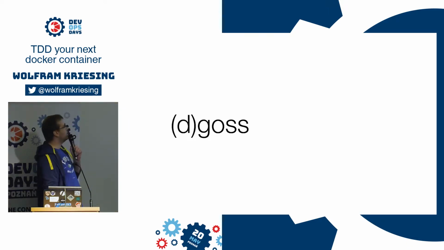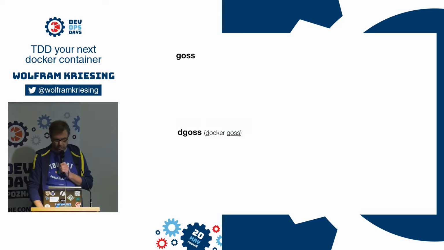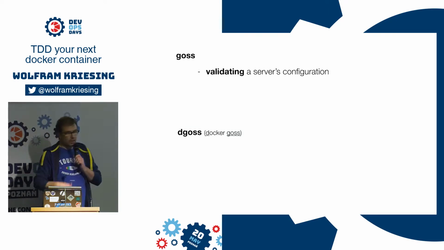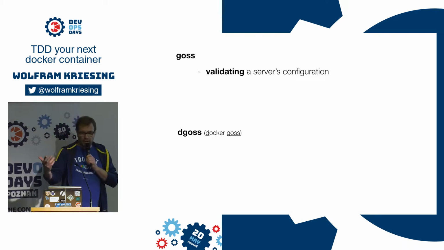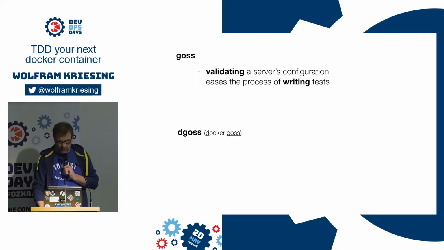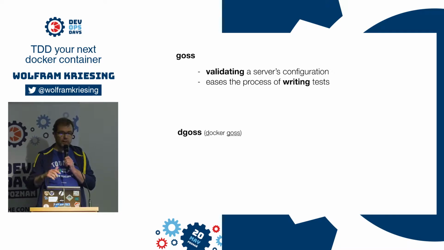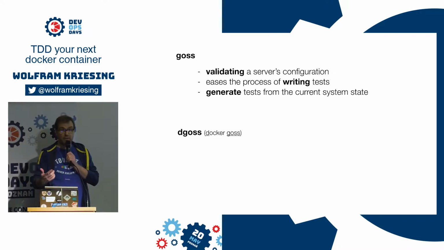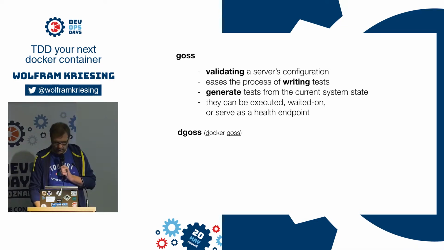So let's go into dgoss, or Goss, which is actually the tool. But let's take apart the words first. Goss is basically for validating a server's configuration. It eases the process of writing tests, and you can actually generate tests from it, which is very useful, especially when you don't know how to write the YAML file in the right style.